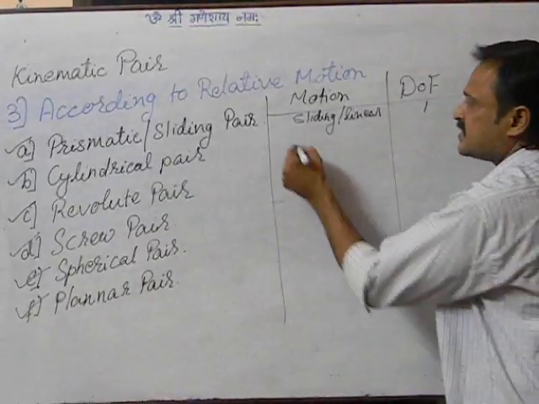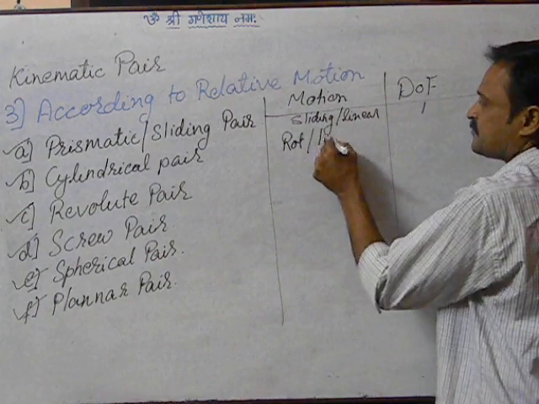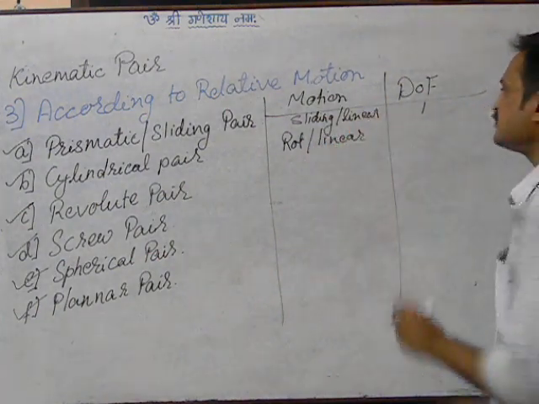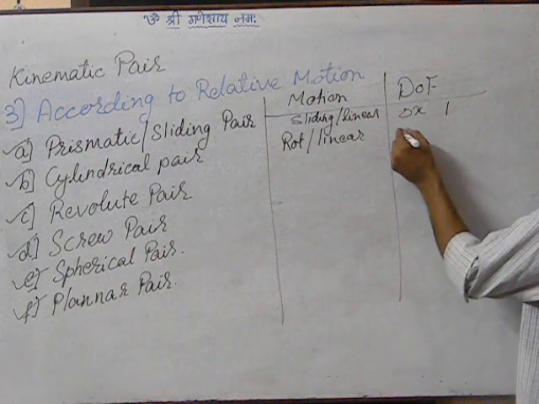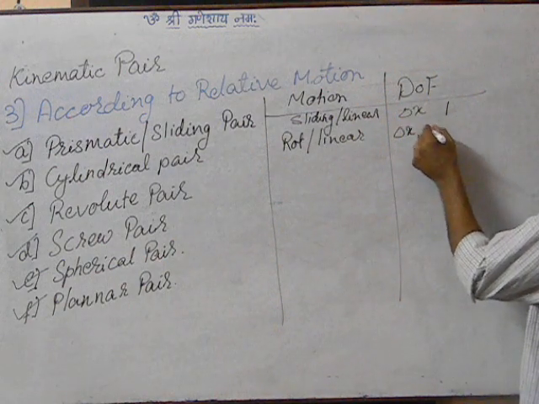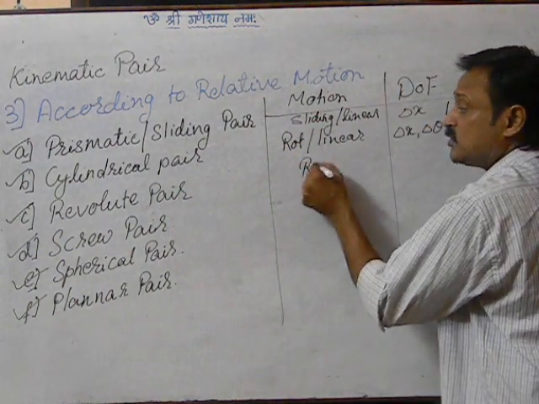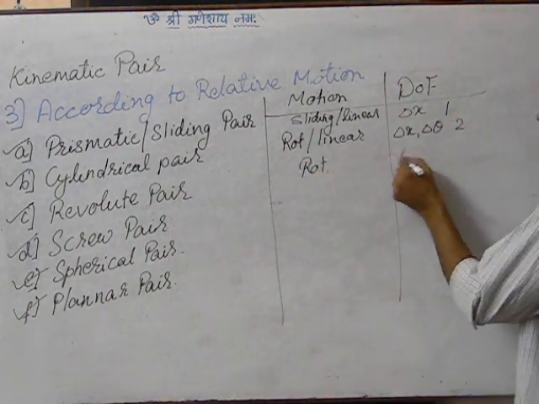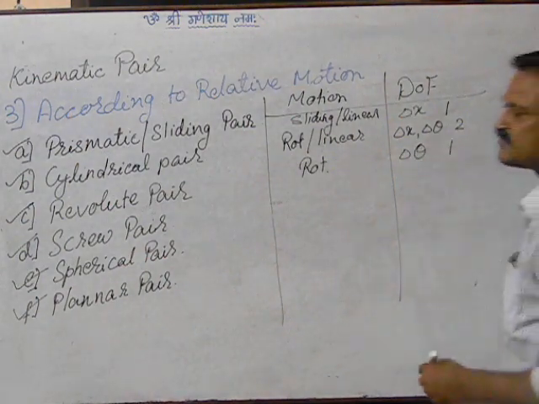In case of cylindrical, the motion is rotary and linear, independent, having two independent variables, degree of freedom 2. Revolute pair, only rotational, so it has only one variable, degree of freedom 1.